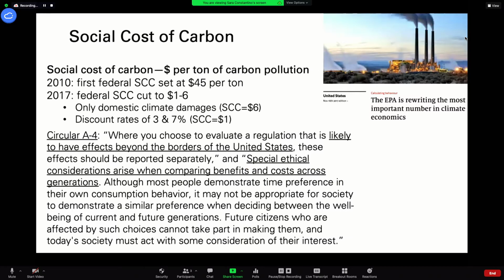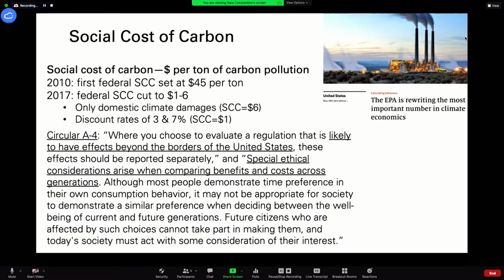Okay, and so we're going to speak through one of those. In 2017, issues of time and inequality were front and center as the Trump administration began revising the social cost of carbon. Remember that the social cost of carbon is an estimate in dollars of the economic damages that would result from emitting 1 additional ton of greenhouse gases into the atmosphere. The Obama administration established the first federal social cost of carbon at $45 per ton.